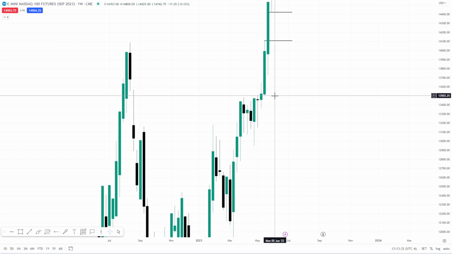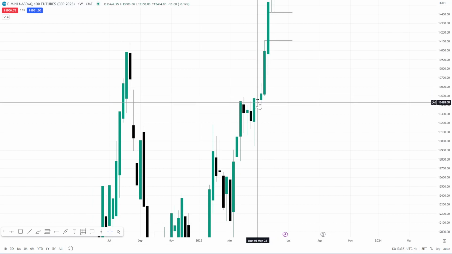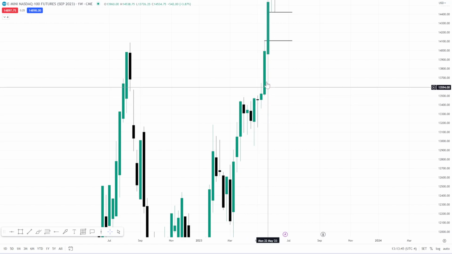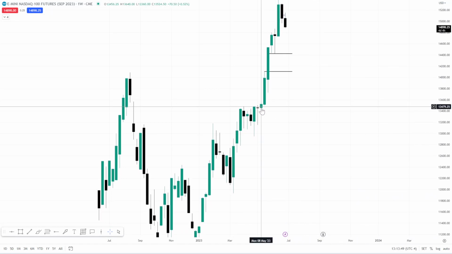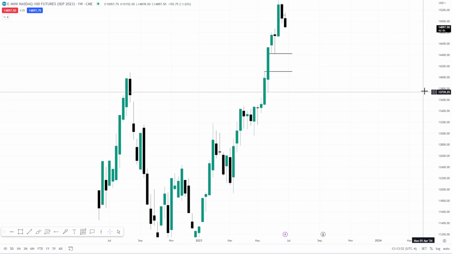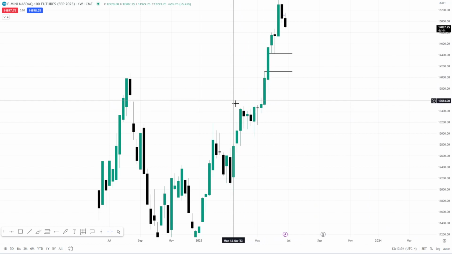Price moves away, comes back down into it, even though it has a very small candle body, but the high is 135.03 and the low on here is 135.150. So it does dip back into there before taking off. Candle closed above that weekly candle. So it's the same principles repeating over and over.